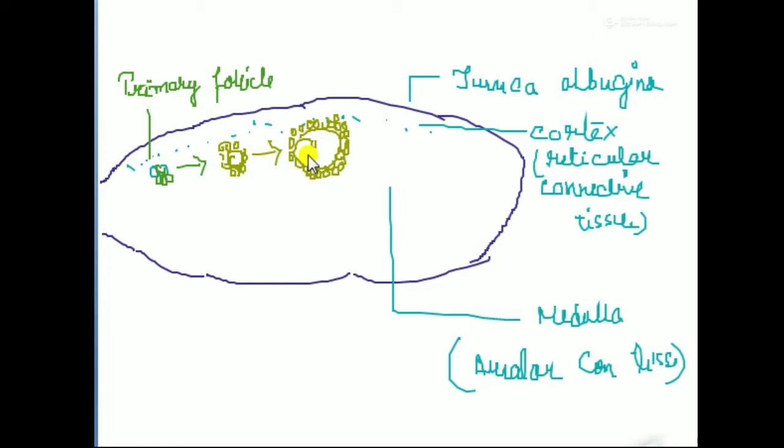The small cells are primary follicles. Every month one follicle will mature into a Graafian follicle and the others remain small. The growing cell is surrounded by a huge number of cells, and then the Graafian follicle is formed.